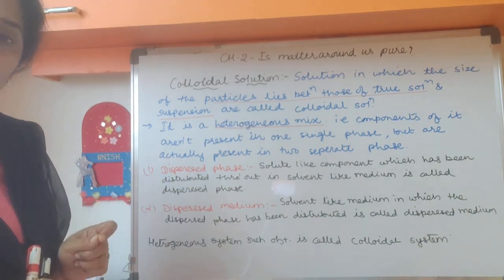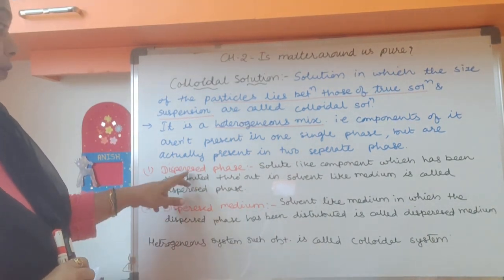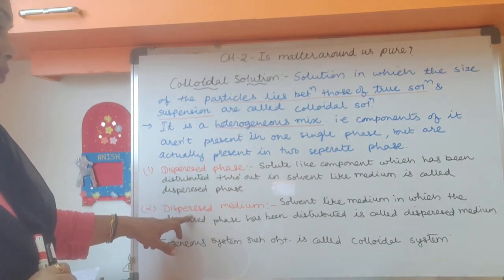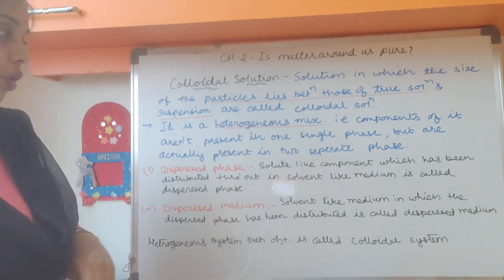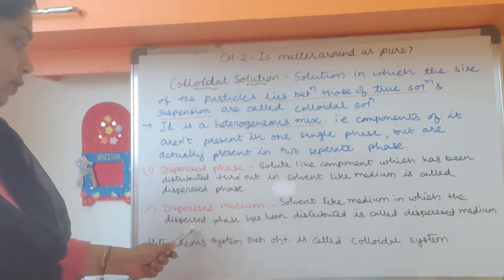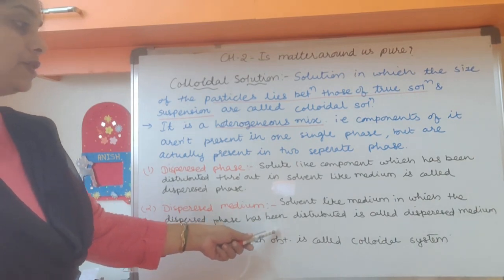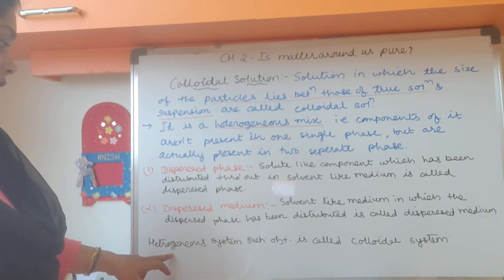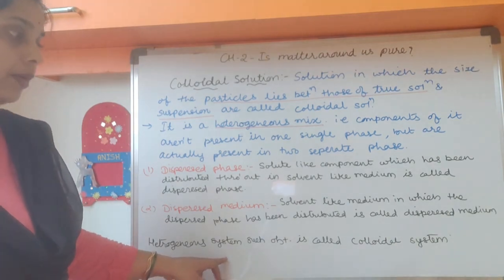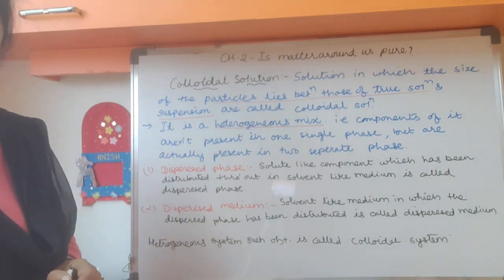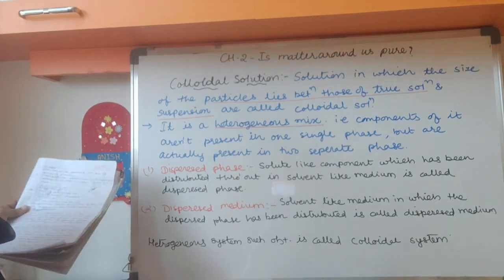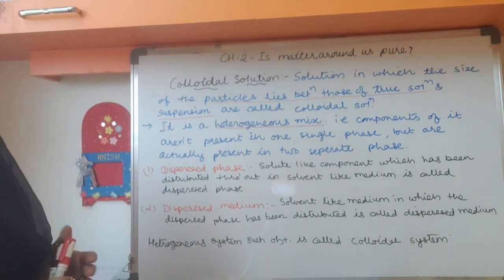The solvent-like medium in which the dispersed phase has been distributed is called the dispersed medium. Such a heterogeneous system is called a colloidal system. We are going to see colloidal examples according to their state.